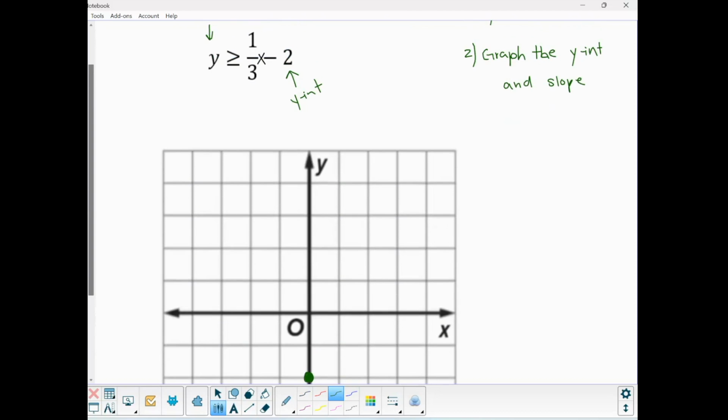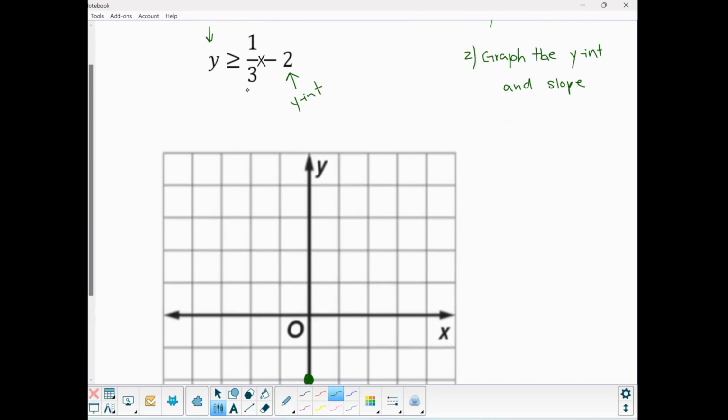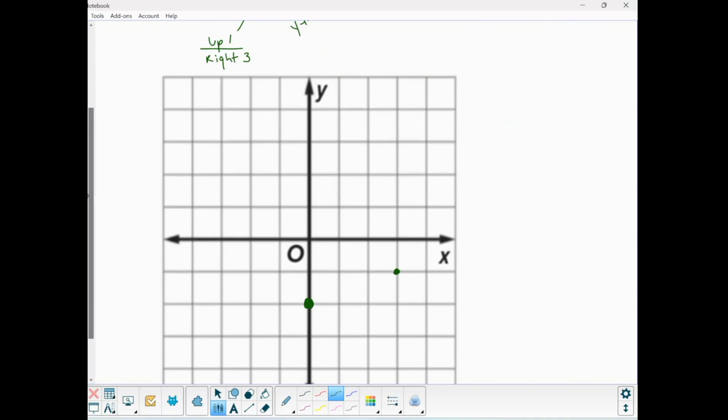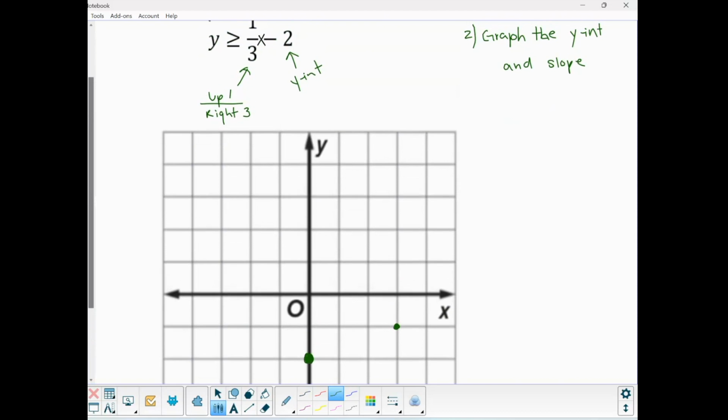Then from there, go to my slope. My slope says they're both positive, so I'm going up 1, right 3. So from my y-intercept, we're going to go up 1 over 1, 2, 3. There's my next point. Up 1 over 1, 2, 3. All right, can't graph a third point. So step 2 is done.